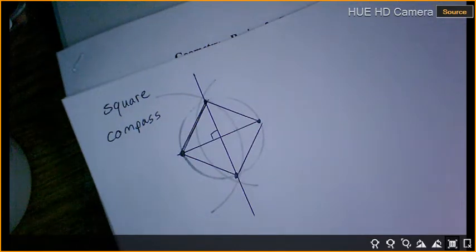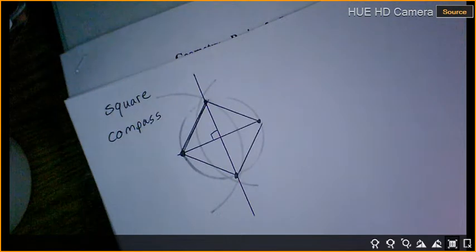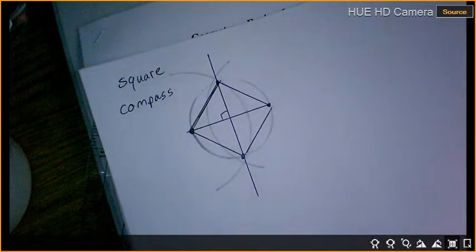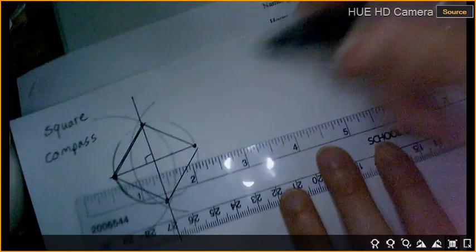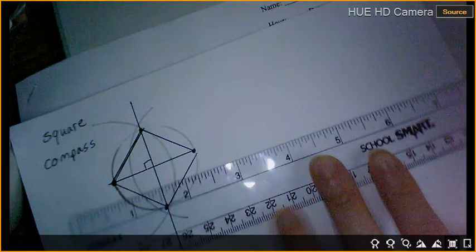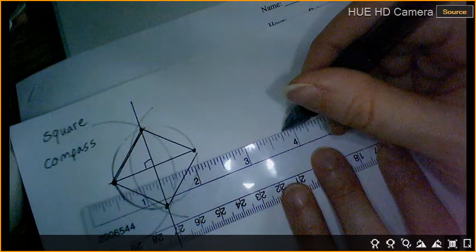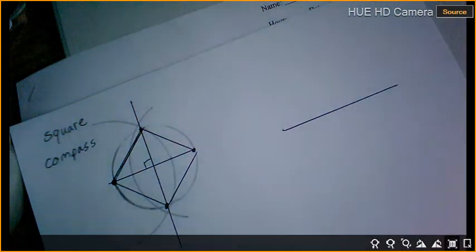Now we're going to do a square with a mirror. Okay? The first thing we always start with is a straight line, and we're going to do this almost the exact same way. We got a straight line.